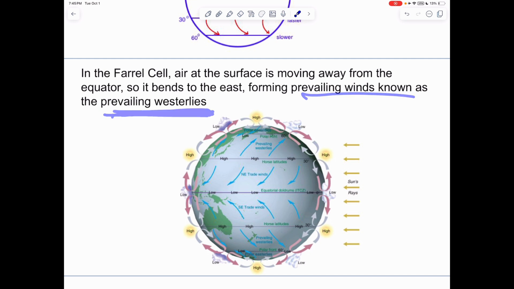Now you may say, but Miss Clark, they're headed to the east direction. Why are they called the westerlies? Well, that's because the air is coming from the west to the east, which is why they called it the westerlies.